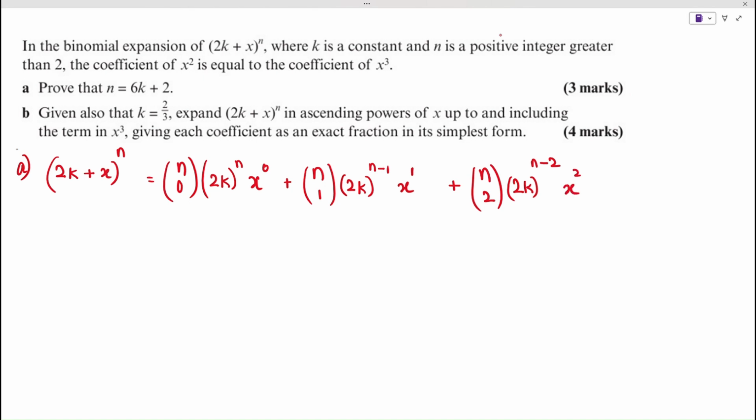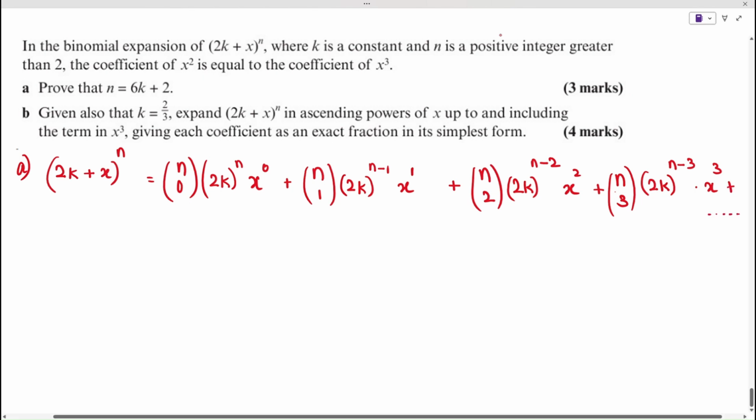And the next term would be n choose 3 multiplied by (2k)^(n-3) multiplied by x cubed. So the only two terms we need here are the x squared and the x cubed terms.